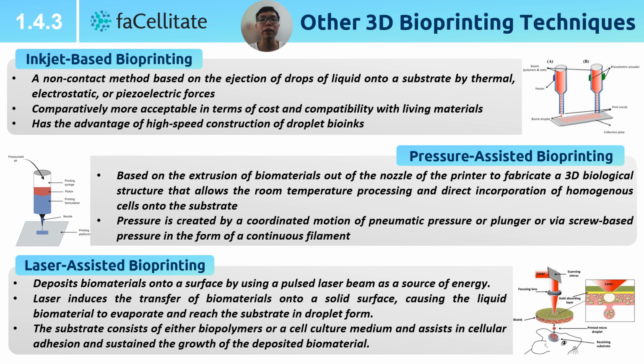It is based on the extrusion of biomaterials out of the nozzle of the printer to fabricate a 3D biological structure that allows room temperature processing and also direct incorporation of homogeneous cells onto the substrate. Last but not least is laser-assisted bioprinting, one of the 3D bioprinting techniques that deposits biomaterials onto a surface by using a pulsed laser beam as a source of energy.